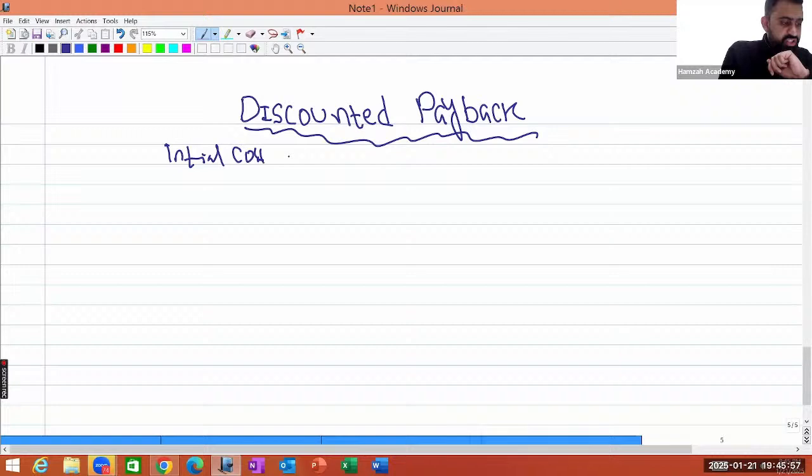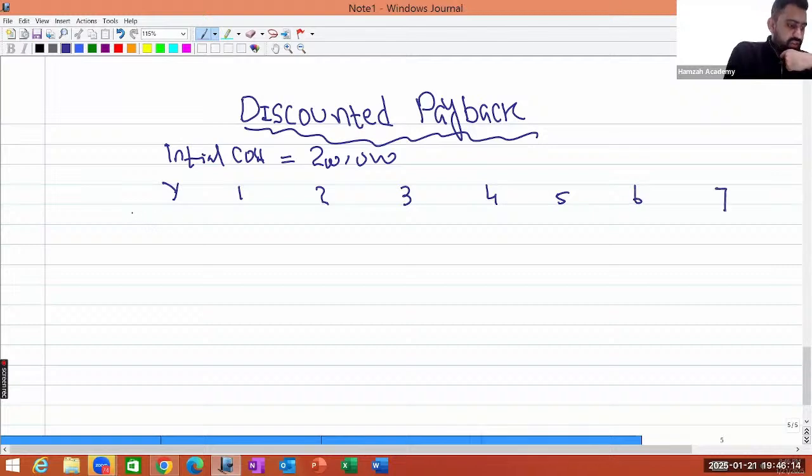Now, taking the same example in which we have an initial cost of 200,000, and then year 1, year 2, year 3, year 4, year 5, year 6, and year 7. And the net cash of year 1 was 40,000, I think.